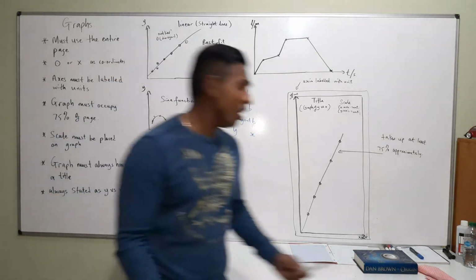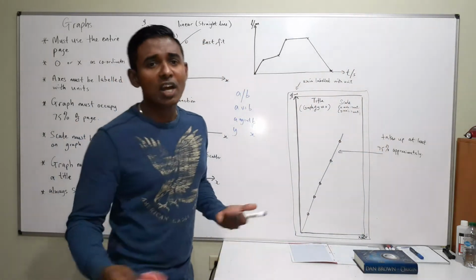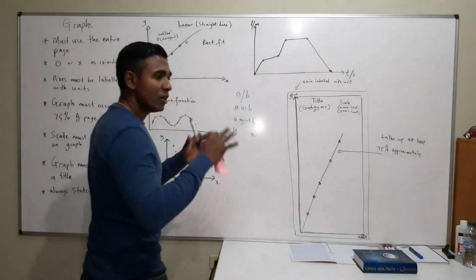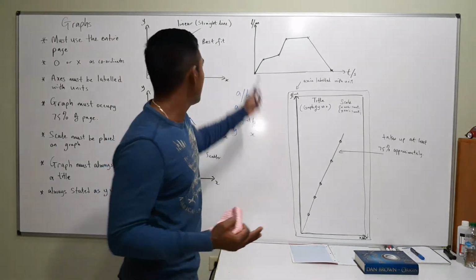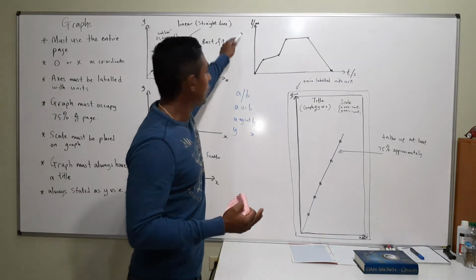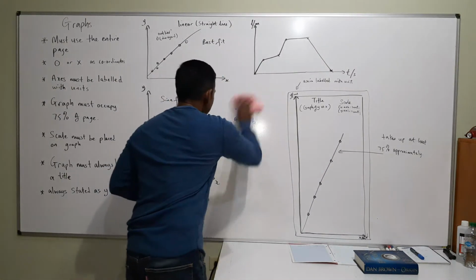That's just the jargon that is used. So if I tell you to plot one quantity versus another, the first quantity is the one that goes on the vertical or the y-axis.